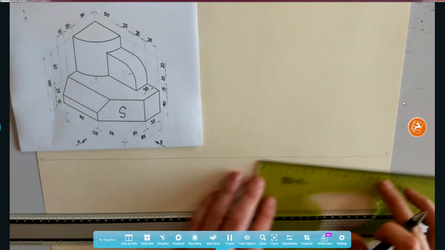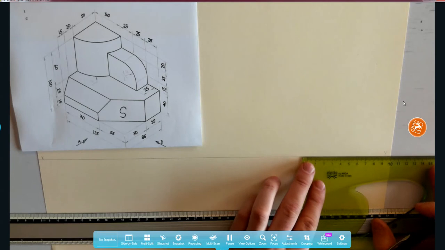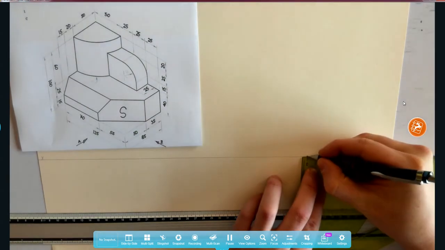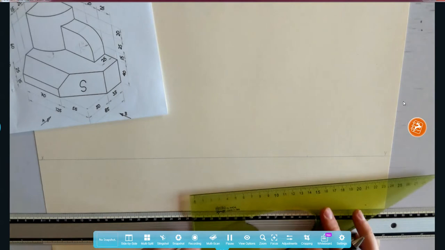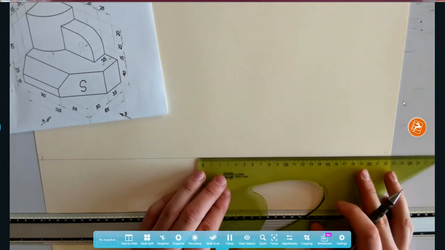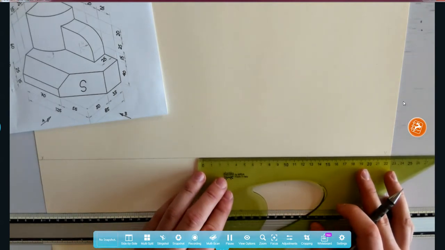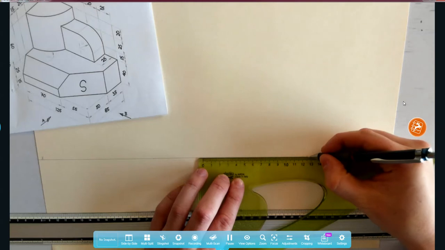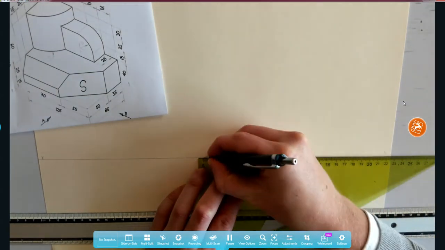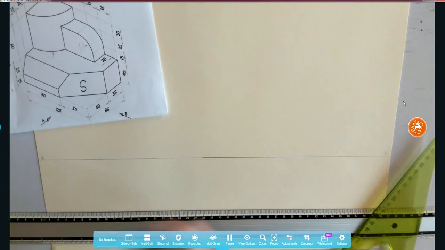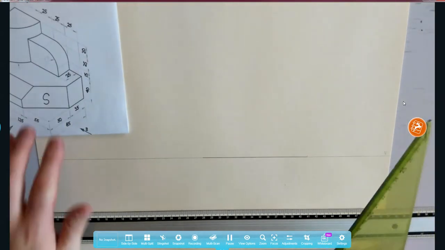So I'm just going to measure in 100 mil from the right hand side of our page, and that is going to be the starting point, and the overall width of the shape is 125. So I'm going to make that a firm line now straight away. The overall height of the shape then is 100.